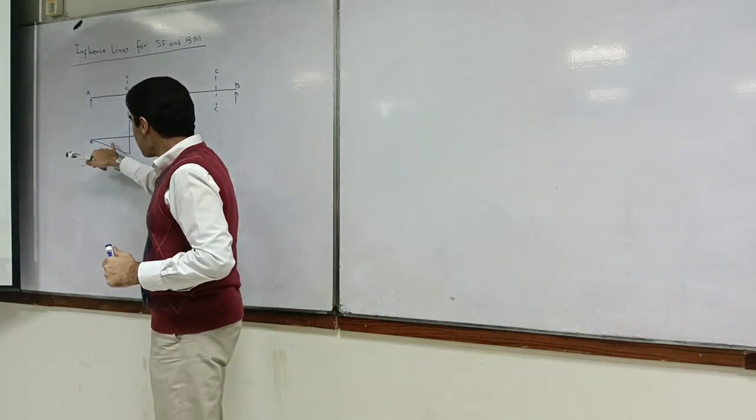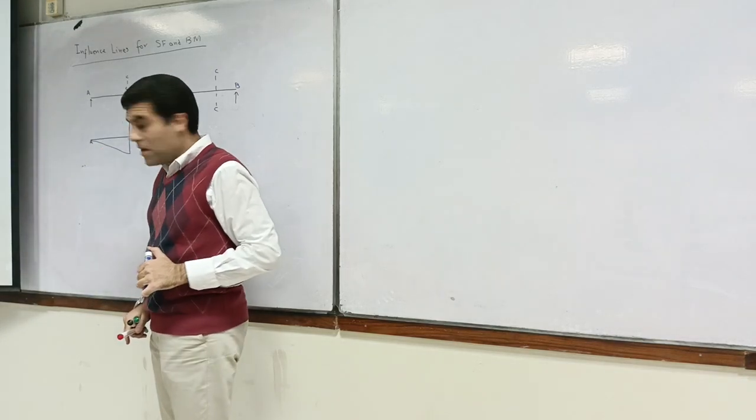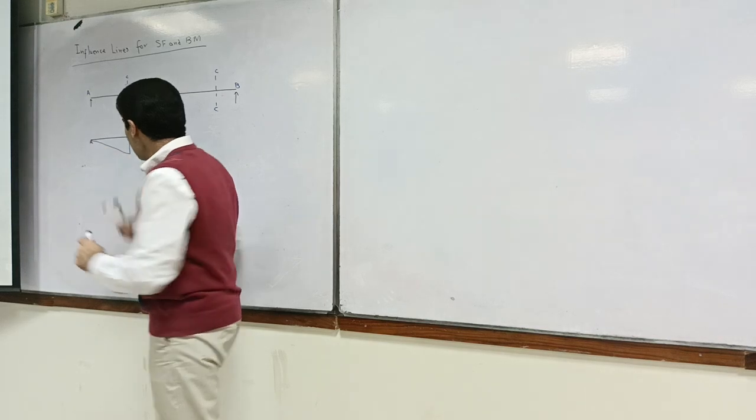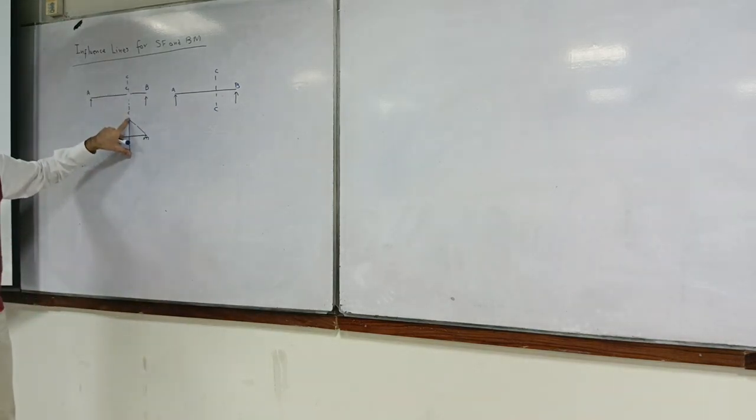If we have an influence line diagram for shear which looks like this, how much is each part? This one we have established because, according to the Muller-Breslau principle, this displacement is going to be unity.